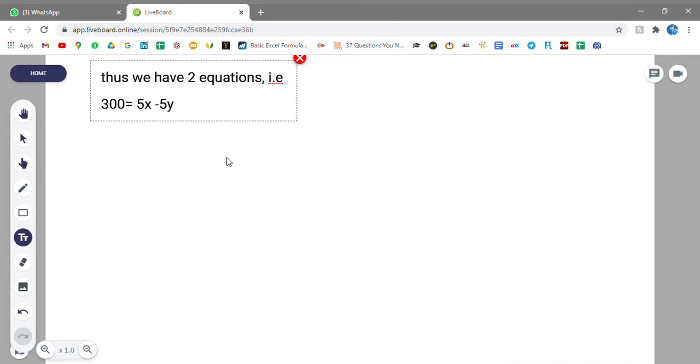This is going to be equation number 1, and we have one more equation, that is 150 is equal to 5x minus 5y. Okay, so these are the two equations. Now let us solve these equations simultaneously.